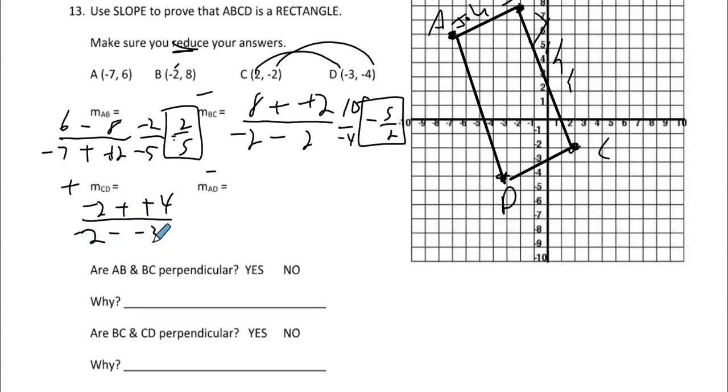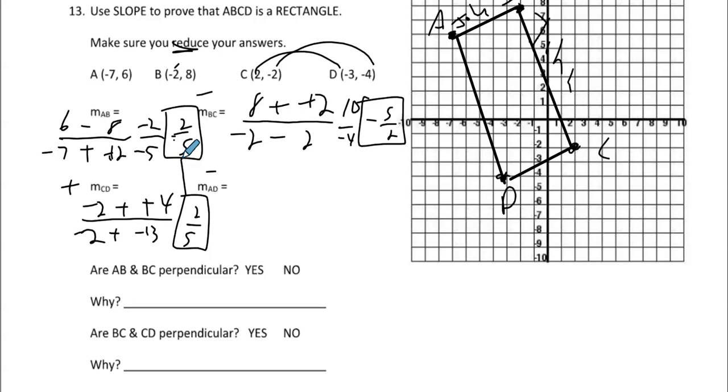So on the top, negative 2 plus 4 is positive 2. And on the bottom, 2 plus 3 is 5. So I end up with 2/5, which is the same as right above it. Those are the same. That's a good sign.